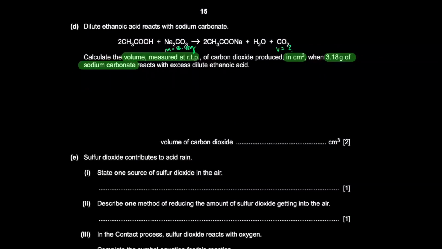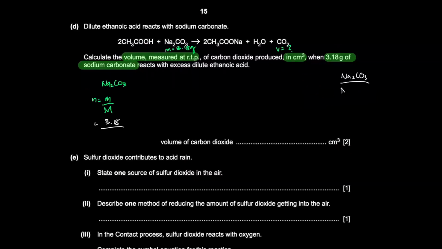So we can start with sodium carbonate. The number of moles is mass over Mr, molar mass, right? Which is equal to, the mass is 3.18. The Mr of sodium carbonate, Na2CO3, sodium is 23 times 2, because you have two sodiums, carbon is 12, and oxygen is 3 times 16. Okay, I'll write it down on the side.